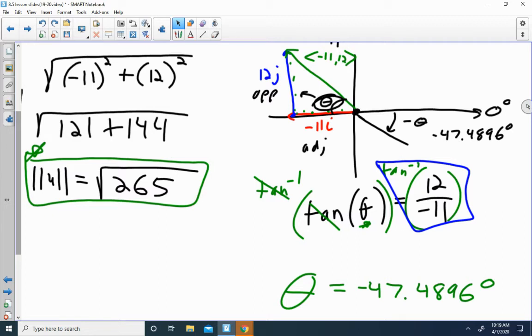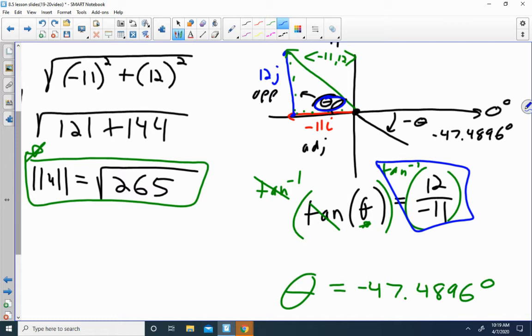Now, what's happening here is that tangent inverse can only be between negative 90 and 90 degrees. It cannot compute anything greater than 90 or less than negative 90, which is what we need in order to be in the second quadrant.